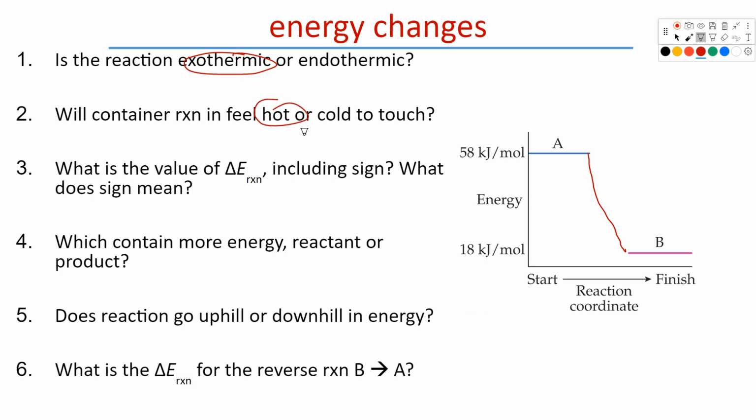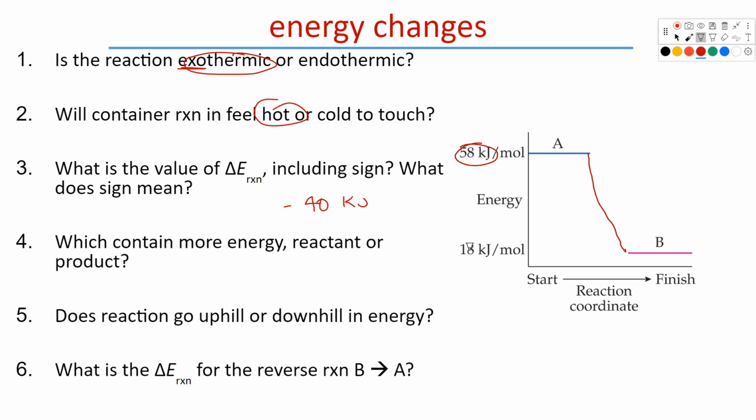Yep, hot. So what is the value of the change in energy, including the sign? Caleb? Oh, the change from start to finish? 40. Including the sign? It is negative 40 kilojoules, because it is a loss of energy. We are losing energy. Energy is being given off.